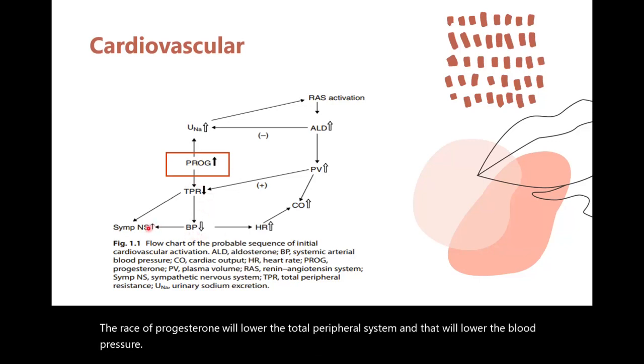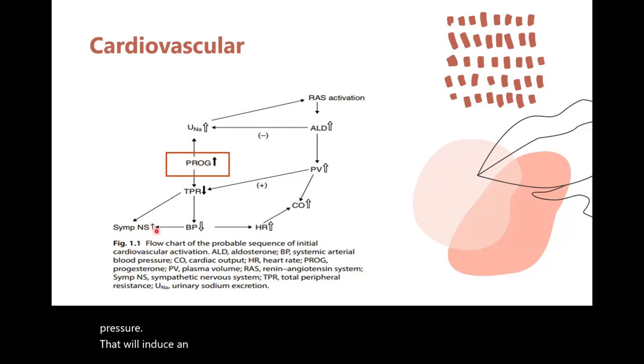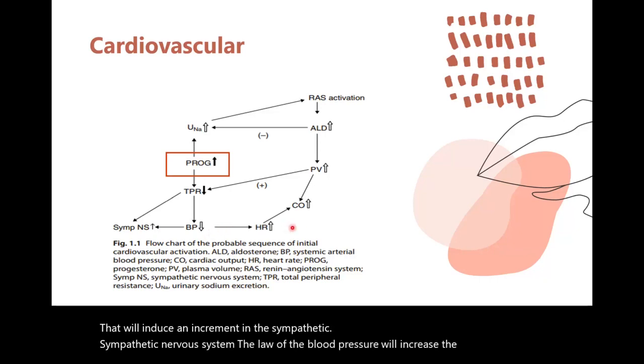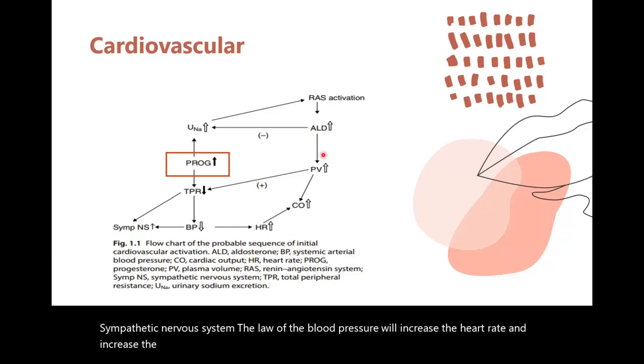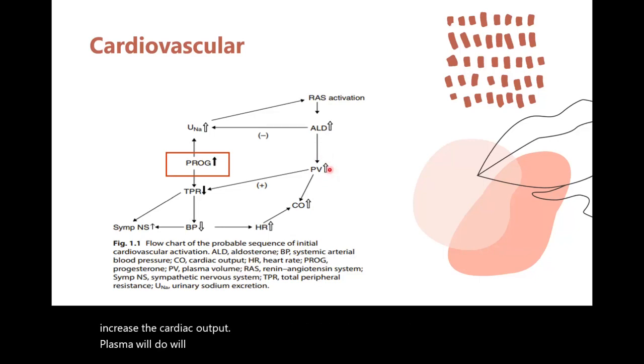That will induce an increment in the sympathetic nervous system. The lowering of the blood pressure will increase the heart rate and increase the cardiac output. The plasma volume will increase, and that will increase the levels of aldosterone.